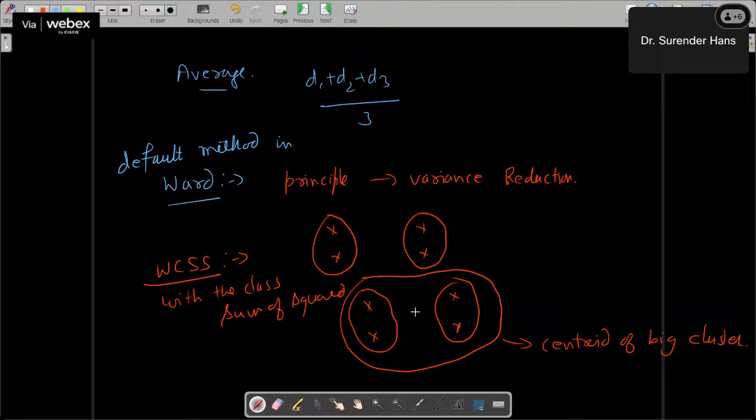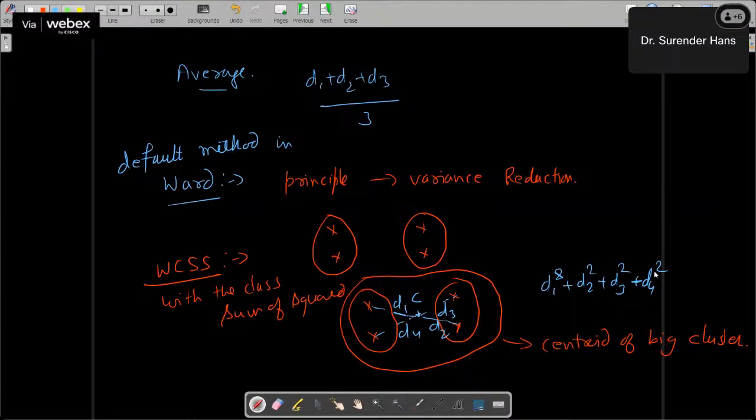Okay. So now here, first we check the centroid. Let's say this one is a centroid C. Now this D1, D2, D3 and D4. Okay. So now here we square them and add, like D1 square plus D2 square plus D3 square plus D4 square.